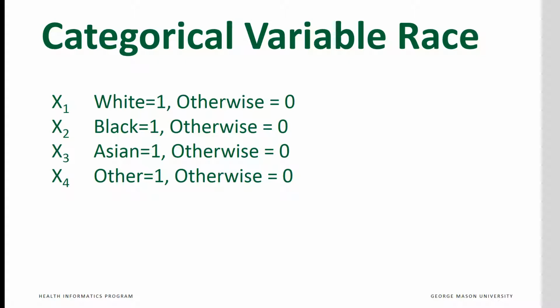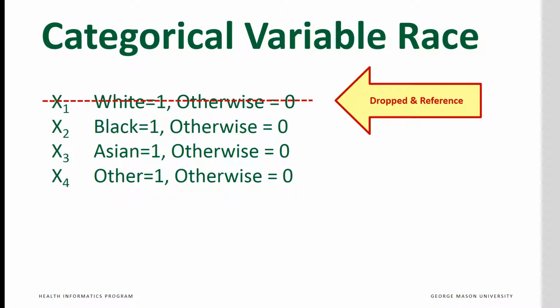Then, instead of regressing cost on race, one has to regress the dependent variable on several binary independent variables, each standing for one type of race. Since 3 out of the 4 binary variables indicate all possible patient races, one of the binary variables is left out. The category left out is referred to as the reference value.